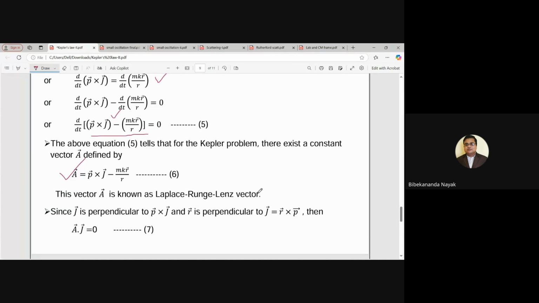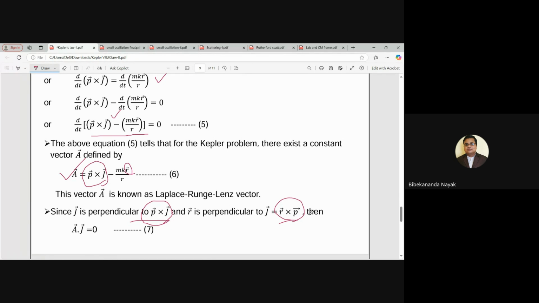This is the Laplace-Runge-Lenz vector. Since J is perpendicular to p cross J, the term p cross J is perpendicular to J, and r is perpendicular too. The term r is perpendicular to J because J is equal to r cross p. From the rule of the cross product, J is perpendicular to both r and p.